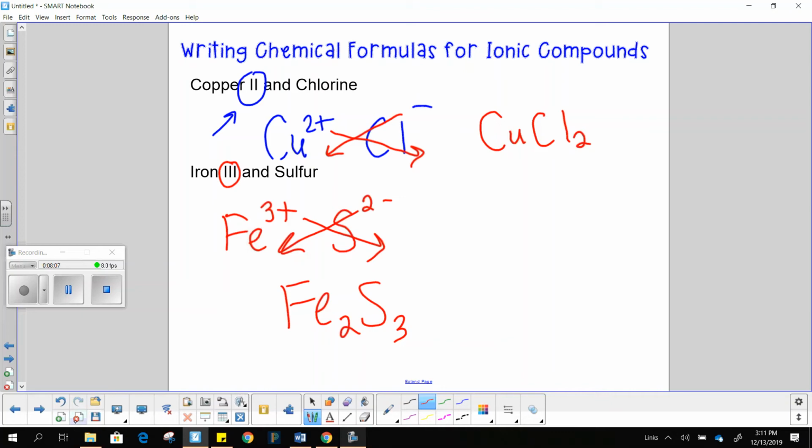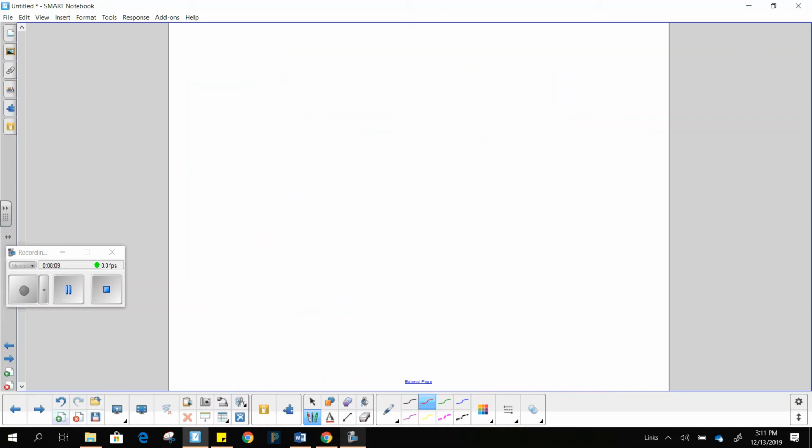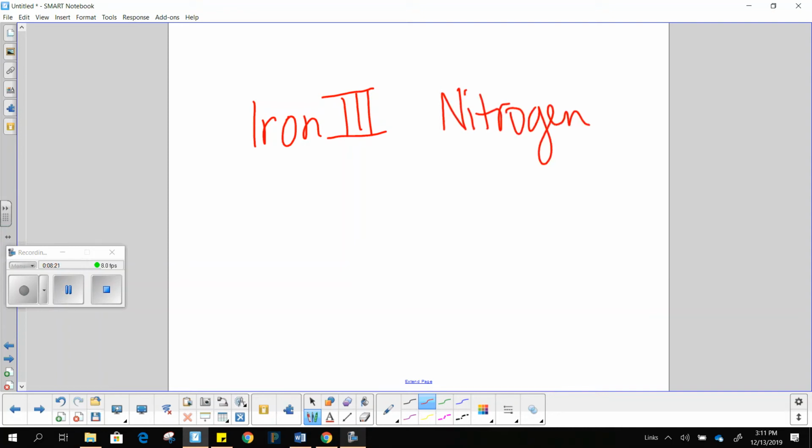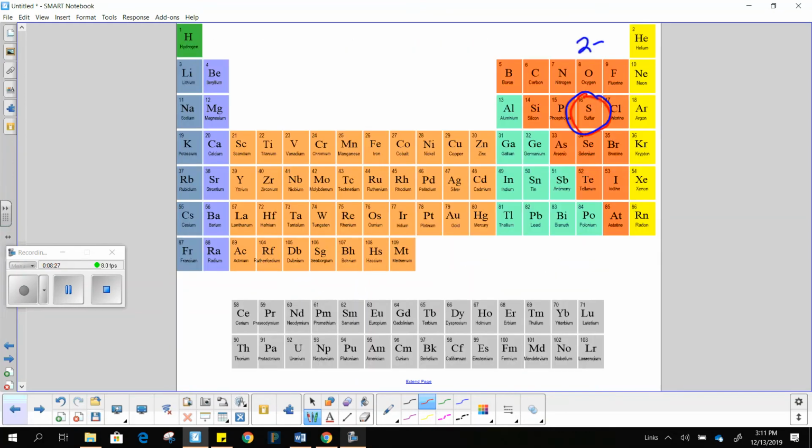And none of those numbers reduce or simplify. Let's say that I want to give you one here that simplifies just so you can see one. Let's say that we were dealing with the iron, Roman numeral 3, and then we were also combining it with nitrogen. If you did this, then you end up with a 3 positive for iron. And if you go back and look at your periodic table, nitrogen is here.